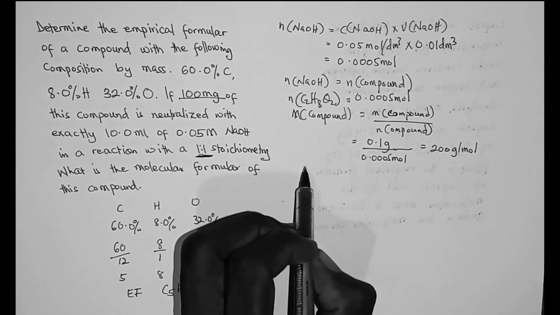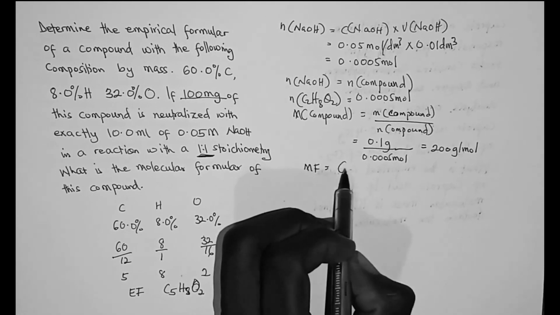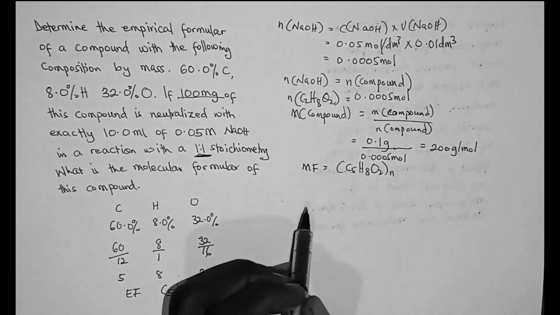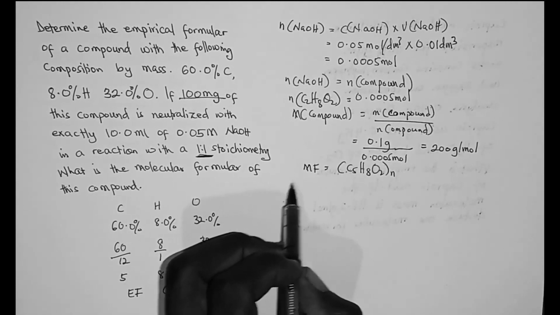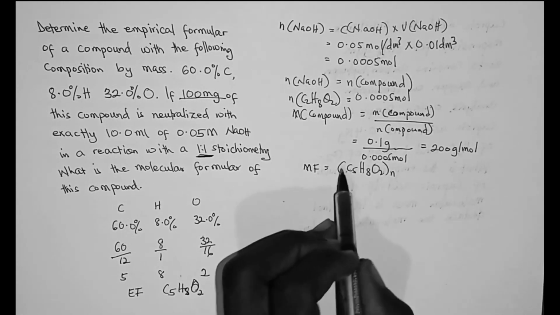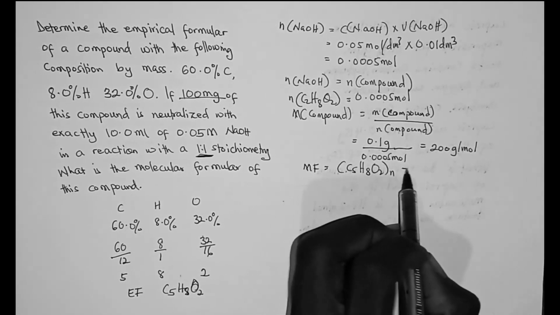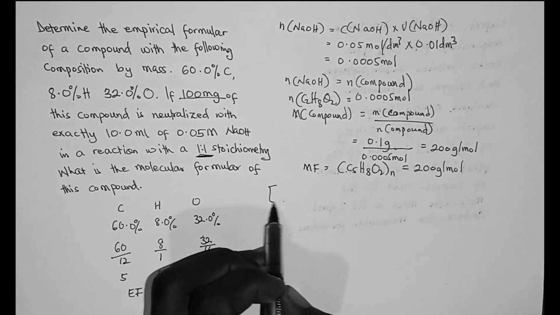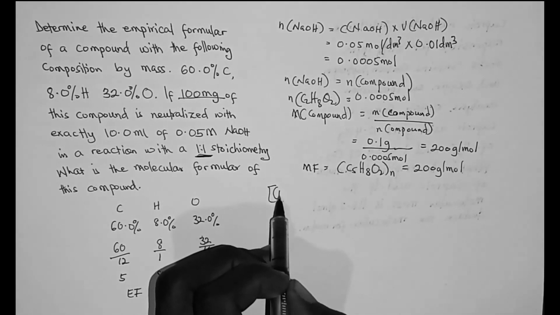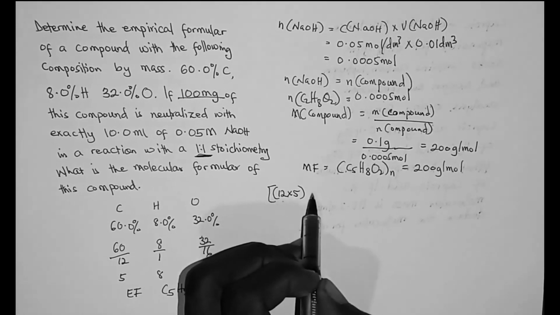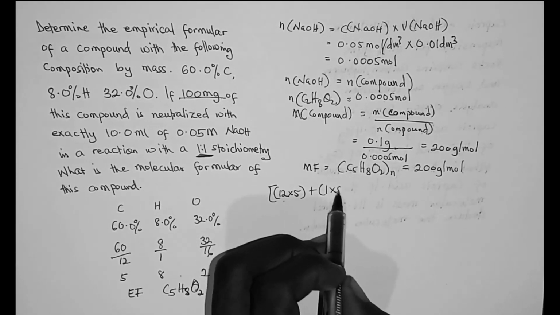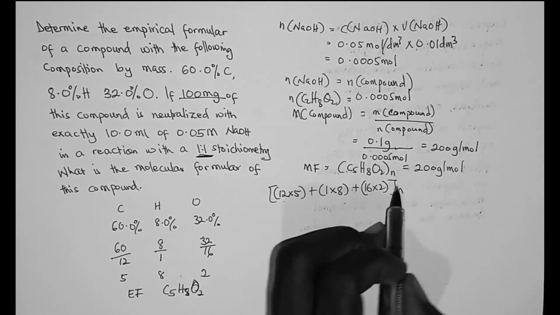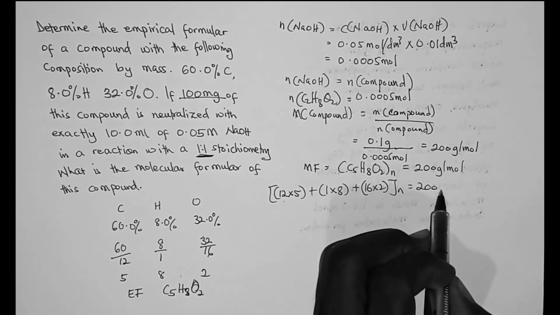So we know that the molecular formula is equal to C5H8O2 times n. So C5H8O2 times n should be equal to 200 grams per mole, and therefore this implies that carbon has atomic mass of 12 times 5, plus hydrogen is 1, so 1 times 8, plus oxygen is 16 times 2, times n is equal to 200.